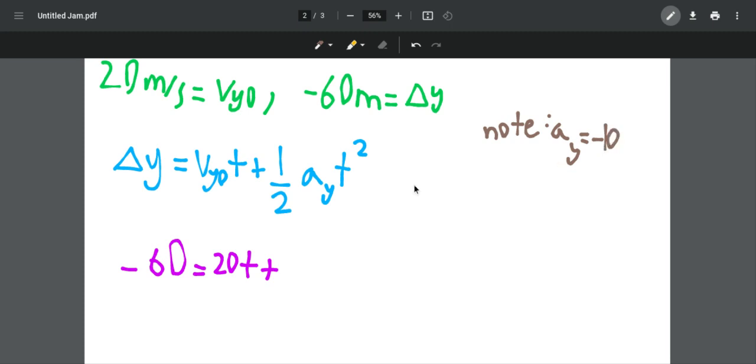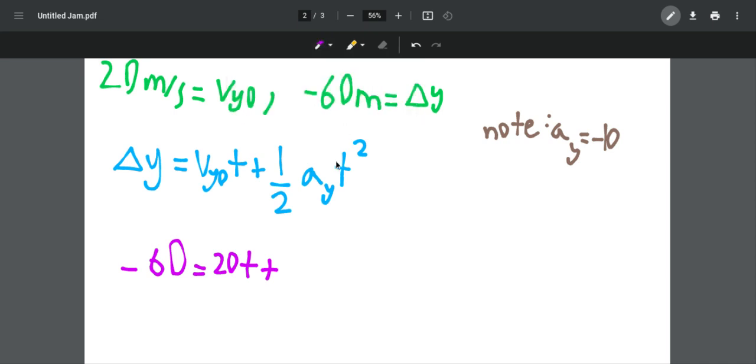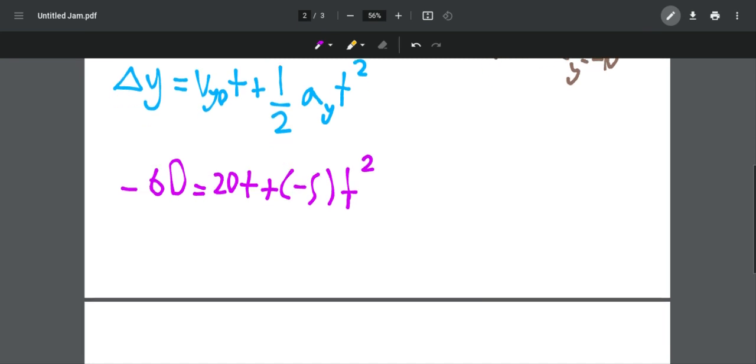When we use negative 10, 1/2 times negative 10 is just negative 5, so plus negative 5 times t squared. So we can see that we have a quadratic equation. For a quadratic equation, first of all, we can factor out negative 5 on the right-hand side.